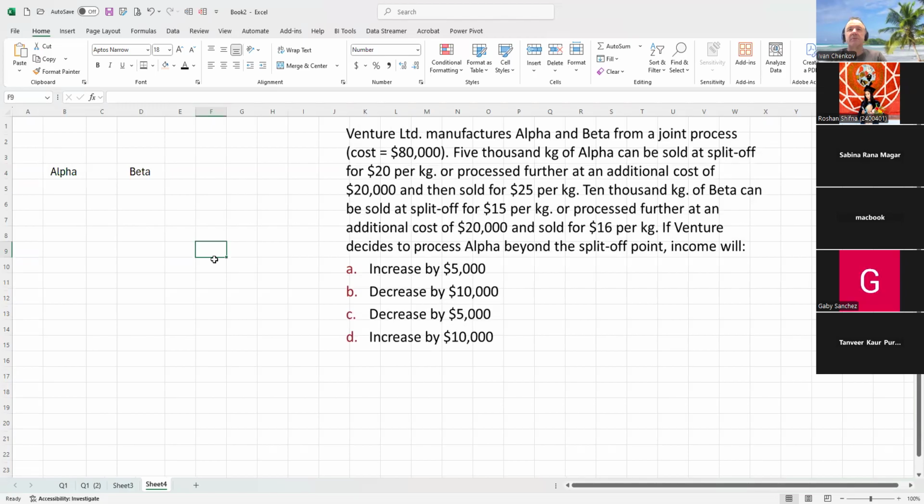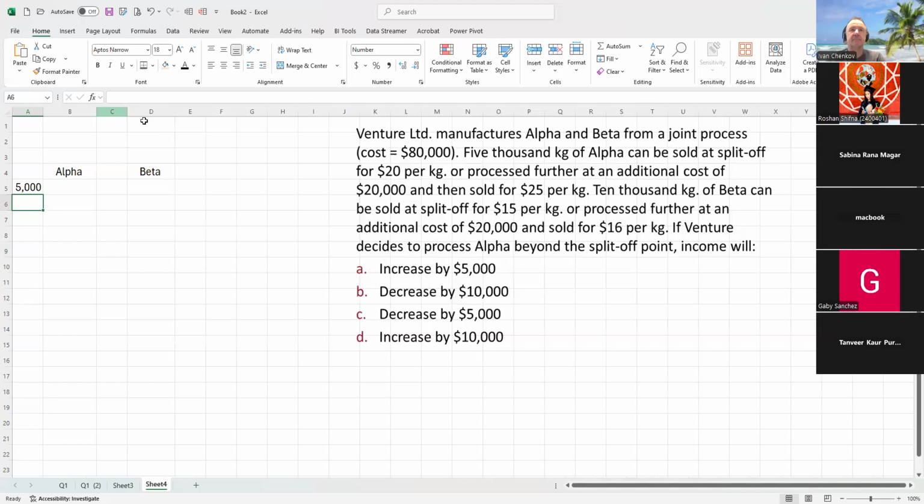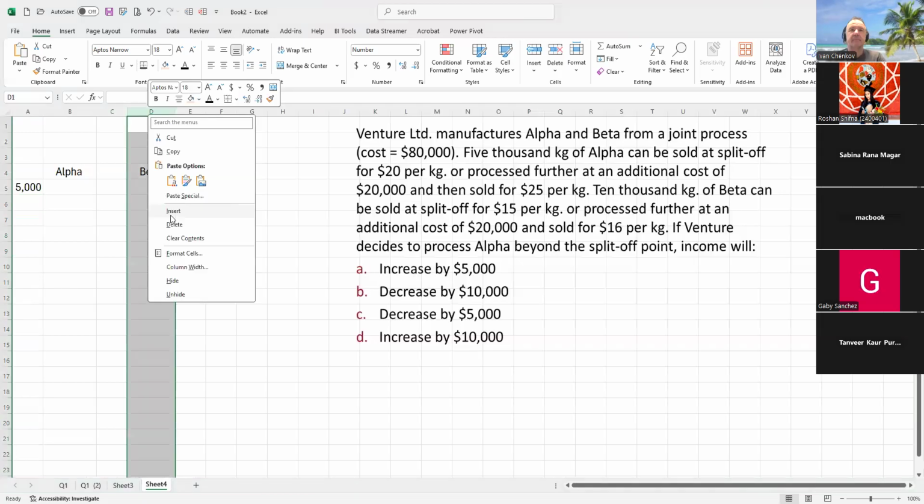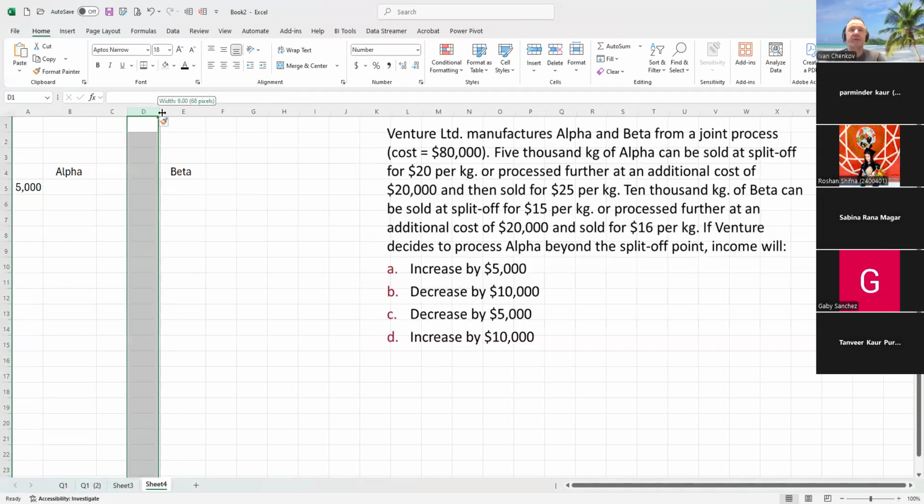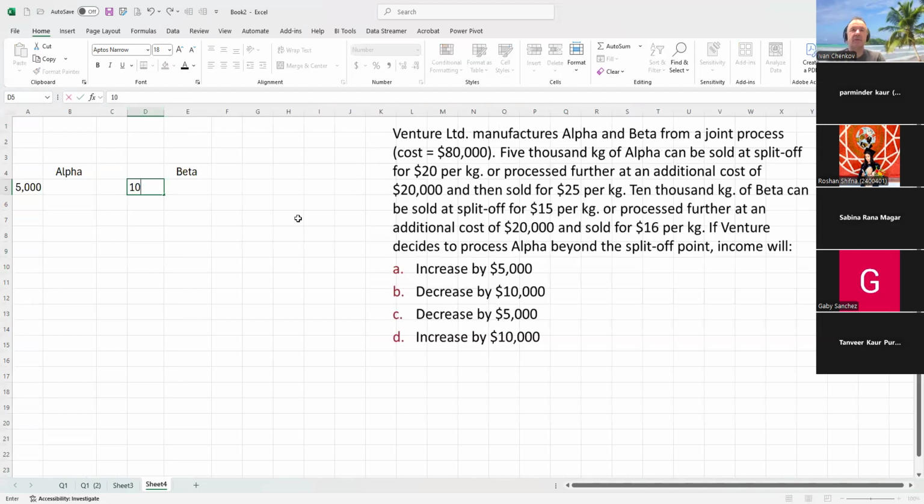How many kilograms am I dealing with for alpha? 5,000 kilograms of alpha, and for beta, how much is the quantity there? 10,000. Is the quantity important?